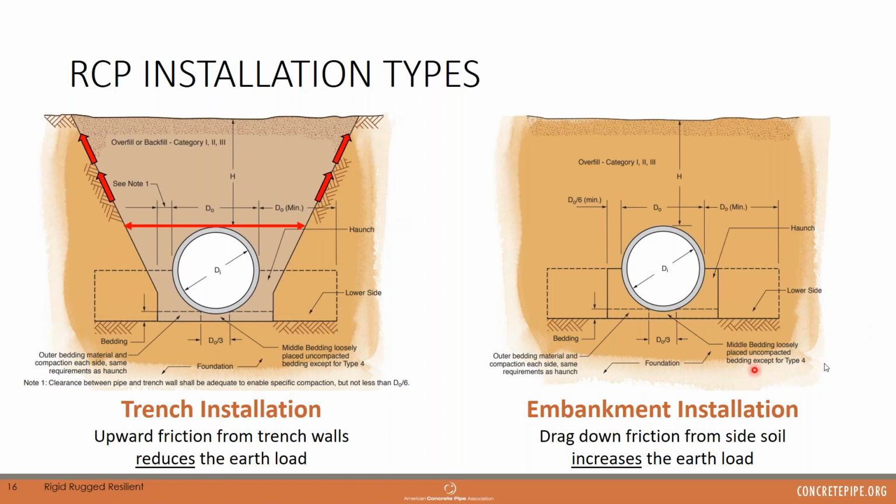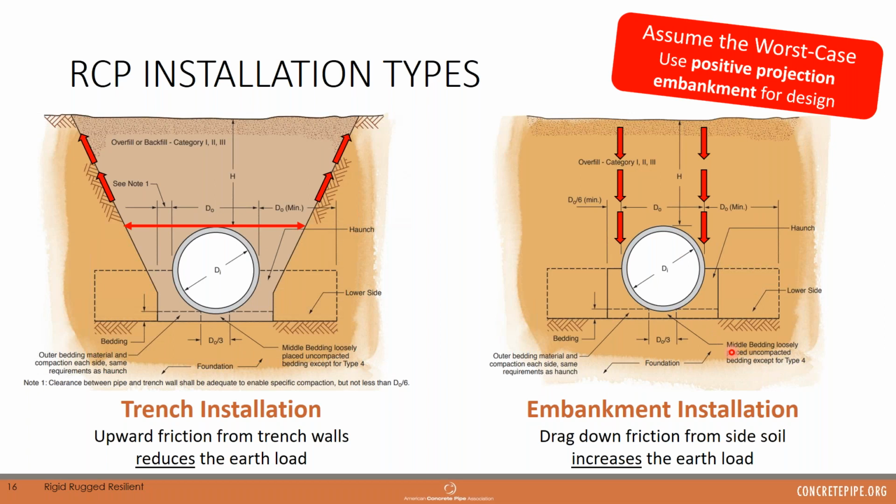But instead, you have that drag down force, because again, the side soil is settling a little bit more than the middle soil, the middle column. So you have this drag down force. And so for design, it's always best to assume the worst case scenario and assume that it's an embankment installation. That's pretty much what we recommend probably 100% of the time out there, or almost 100% of the time.